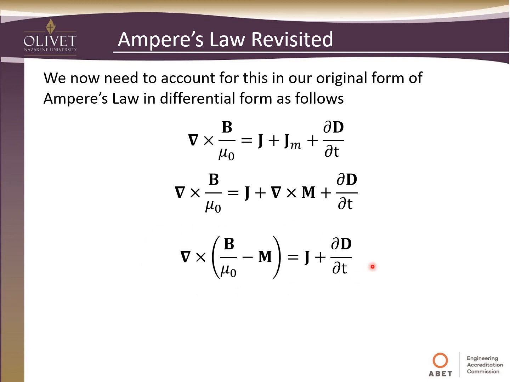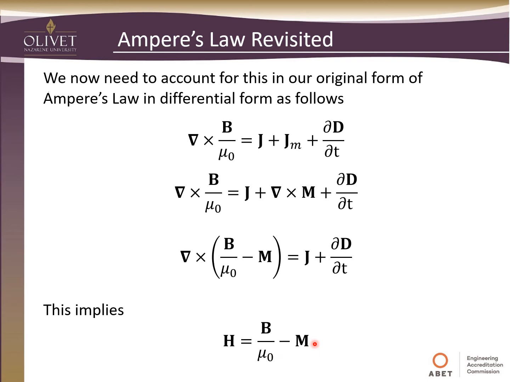And so this gets us really close back to our original form of Ampere's law, where the right-hand side is what we've seen before when we originally derived it. On the left-hand side, it used to be the curl of the magnetic field, or the curl of H. Well, now we have this in place of it. So this implies then that H is equal to our flux density divided by the permeability minus our magnetization vector.